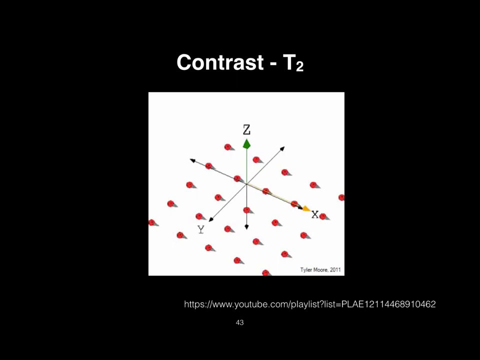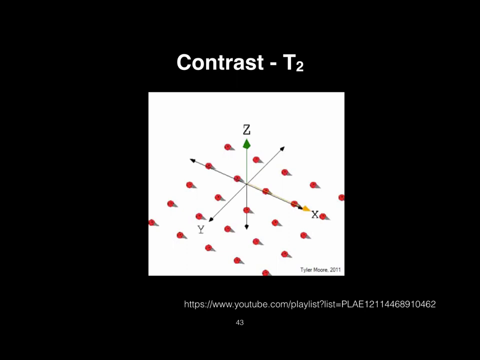The second type of contrast that we utilize determines how well all the nuclei in a given sample maintain coherence with each other. So we're looking at millions and billions of nuclei.